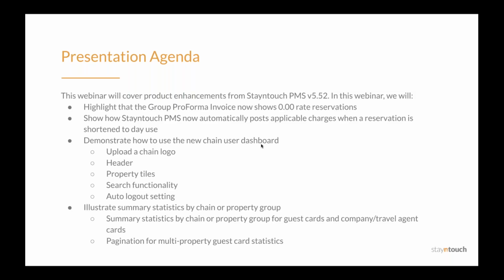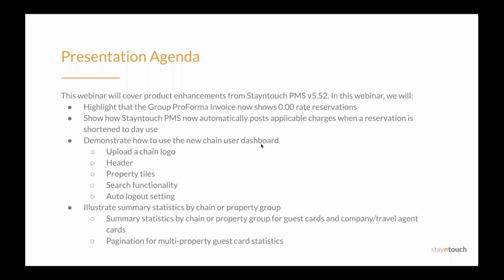Today's presentation will cover how you can get the most out of the Stayntouch PMS version 5.52 product release. In this webinar, we will highlight that the group pro forma invoice now shows zero rate reservations, show how Stayntouch PMS now automatically posts applicable charges when a reservation is shortened to day use, demonstrate how to use the new chain user dashboard, including how to upload a chain logo, the header, the property tiles, search functionality, and the auto logout setting.